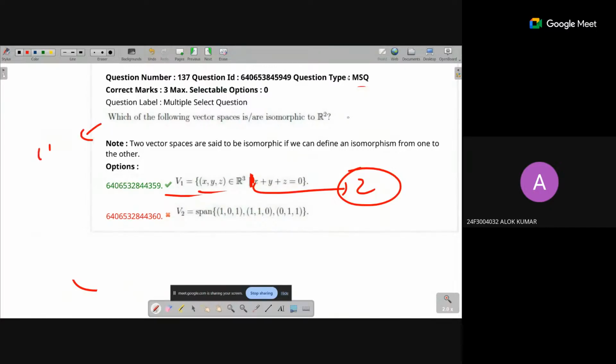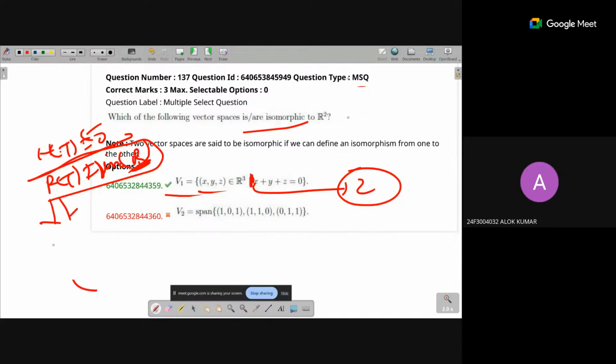Injective is when the nullity condition is satisfied, and surjective is when the dimension of the codomain condition is satisfied. If you combine these two conditions, you arrive at this: the dimension of codomain and dimension of domain must be equal for isomorphic.